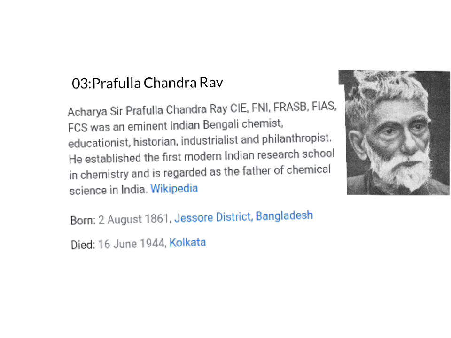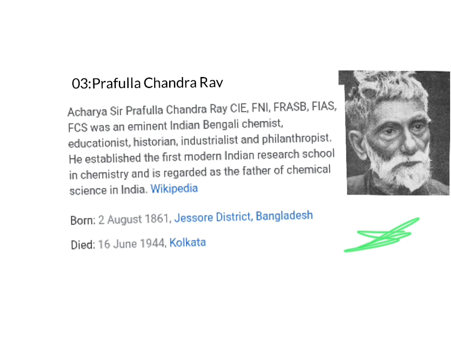He established the first modern Indian research school in chemistry and is regarded as the father of chemical science in India. And he was the founder of the first pharmaceutical company of India. Prafulla Chandra Roy was born 2 August 1861, Jessore district, Bangladesh, and died 16 June 1944 in Kolkata.